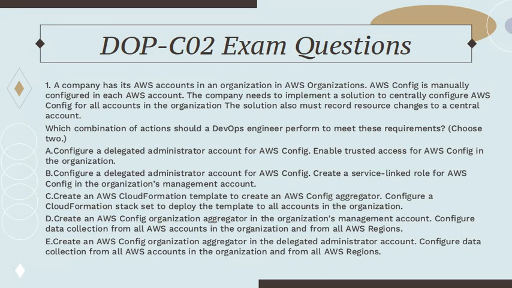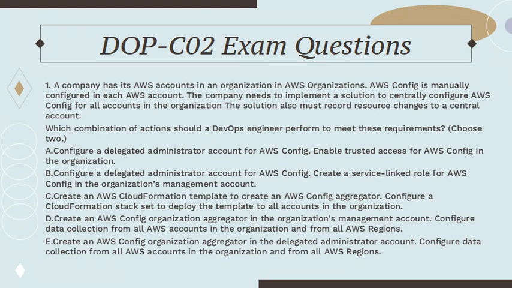C. Create an AWS CloudFormation template to create an AWS Config aggregator. Configure a CloudFormation stack set to deploy the template to all accounts in the organization. D. Create an AWS Config organization aggregator in the organization's management account.